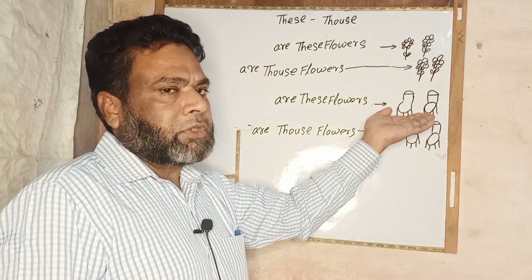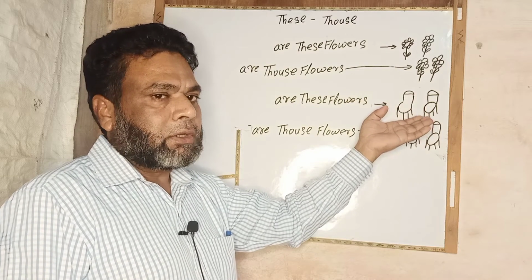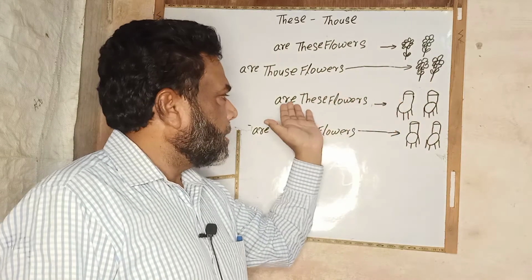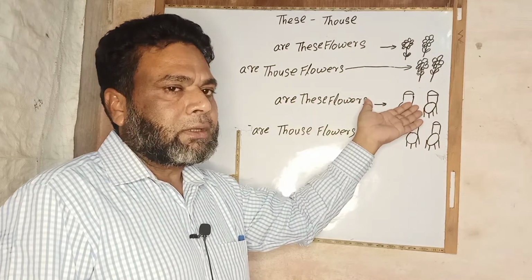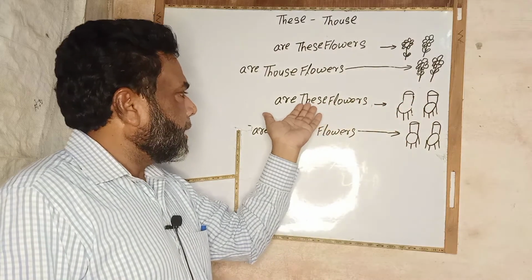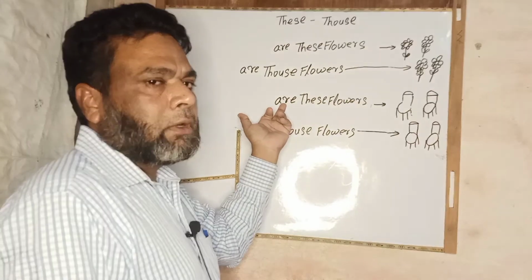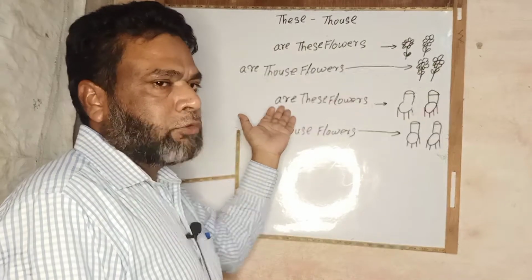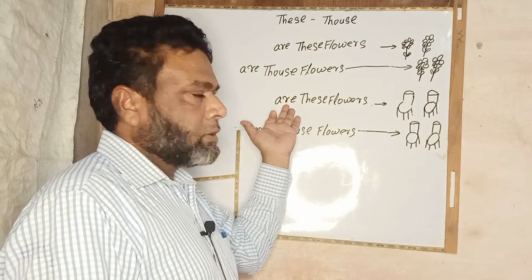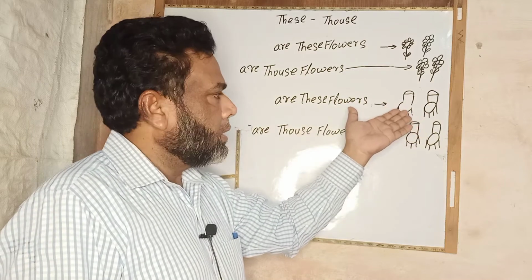Also, these are not flowers; these are chairs. So the question: are these flowers? Here also for a question, bring the be verb to the front. So are these flowers?